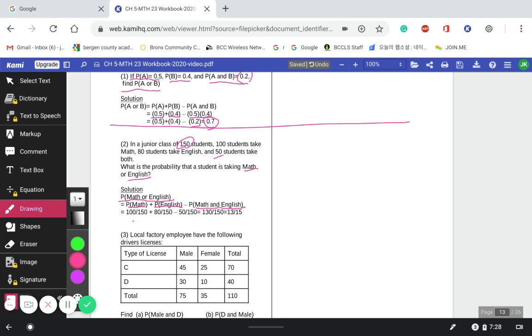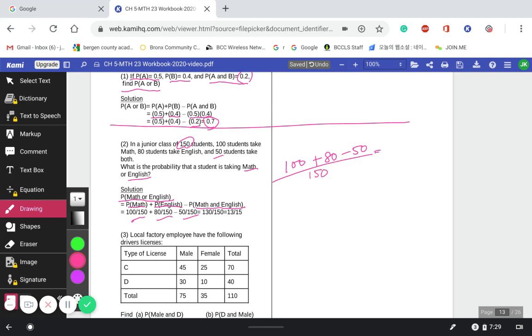So the total number is 150. So 100 over 150 plus English is 80, so 80 over 150, and take away both, which is 50, 50 out of 150. So 100 plus 80 minus 50, whole thing, all of them out of 150.